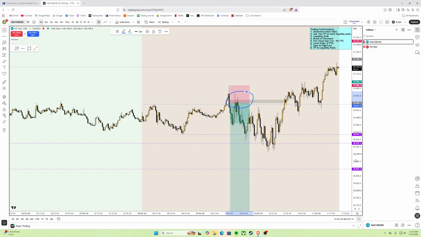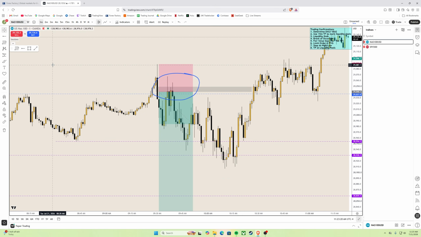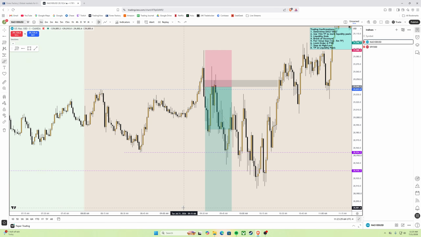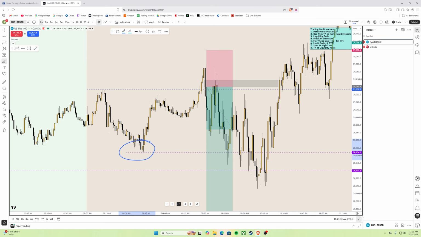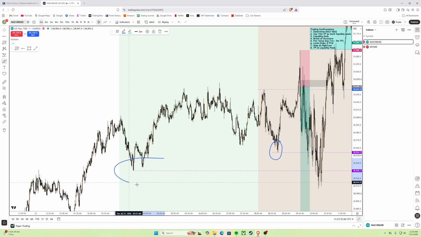Let me full screen it. You see price tapped into the fair value gap. It started wicking, and then after the wicks, price rejected. And then what did price do? It ended up going after the low of the session, and then it went and grabbed the London lows.